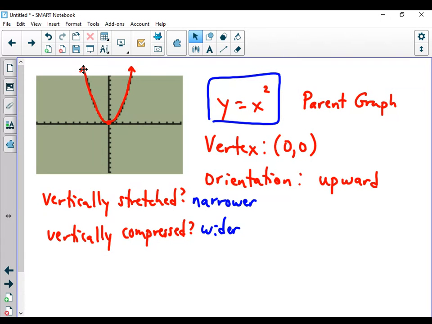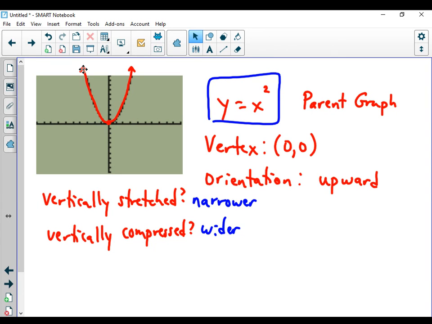The only way I can get back down to 0 is to subtract 3. So 3 minus 3 would be 0, and 0 squared would give me the 0 that I wanted. That's why we're doing the opposite on that one.